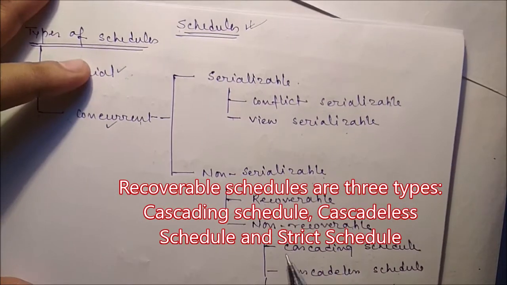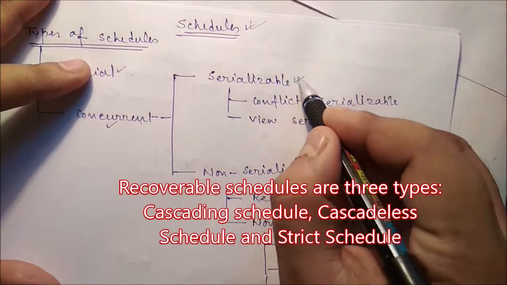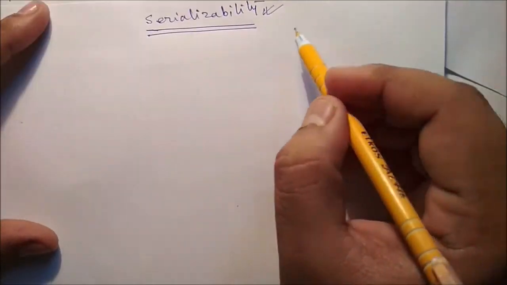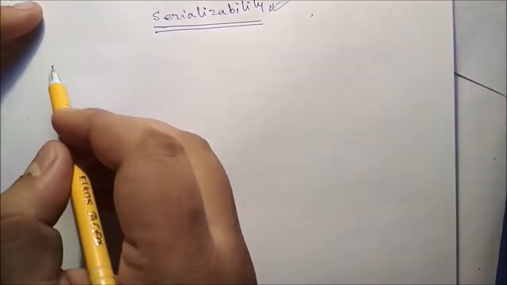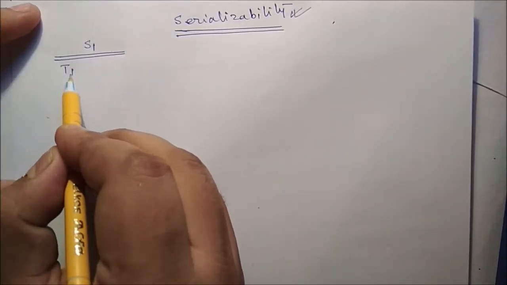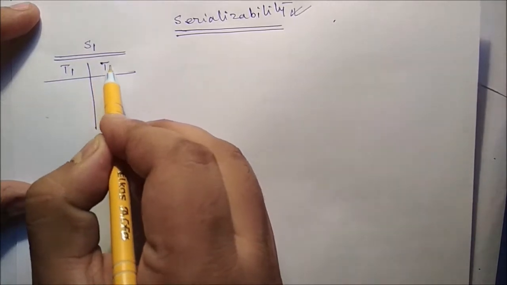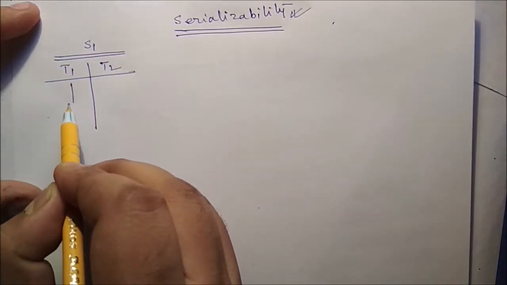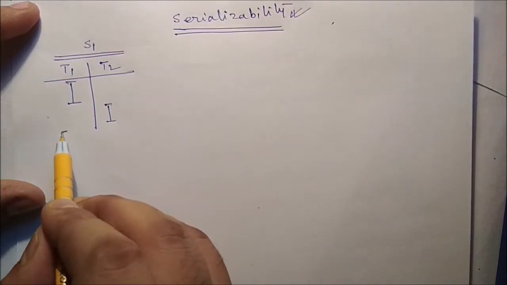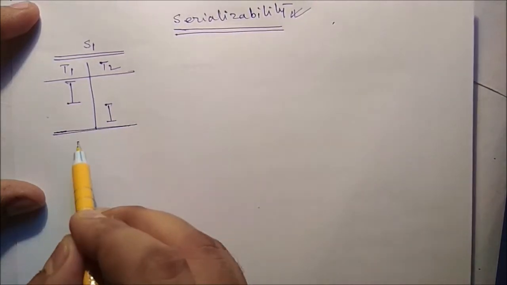So in this video, we will talk about serializable schedule and conflict serializable. Serial schedule: suppose one schedule has two transactions, T1 and T2. If we execute the T1 transaction first and then the T2 transaction, or vice versa, then it is called a serial schedule.